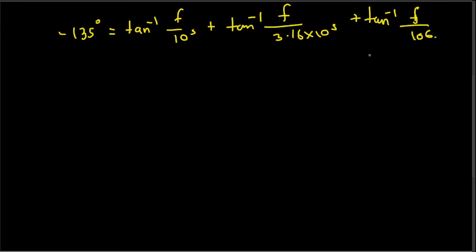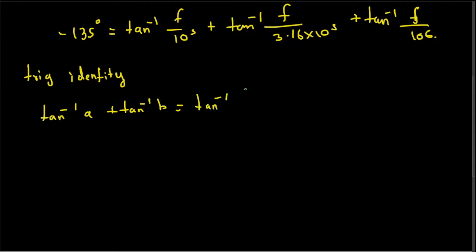And here we can use a trigonometric identity, which says that when you have tan inverse A and tan inverse B, you can express that as tan inverse of (A plus B) over (1 minus AB). You can do the same thing here, but you have to select two at a time.